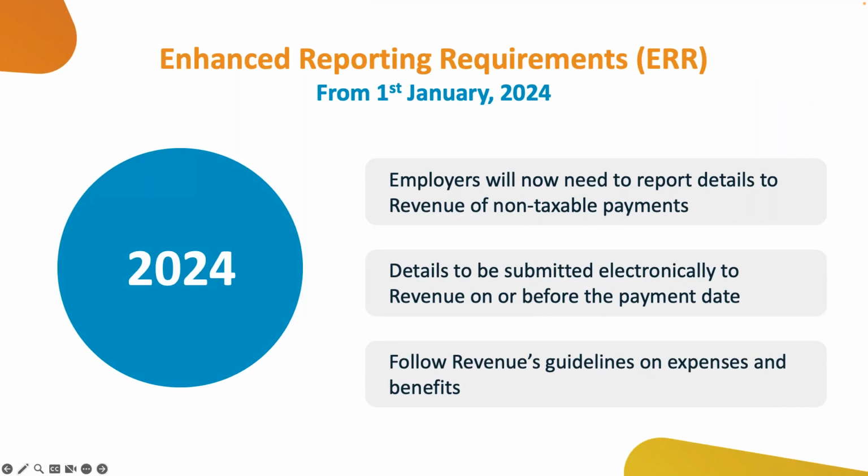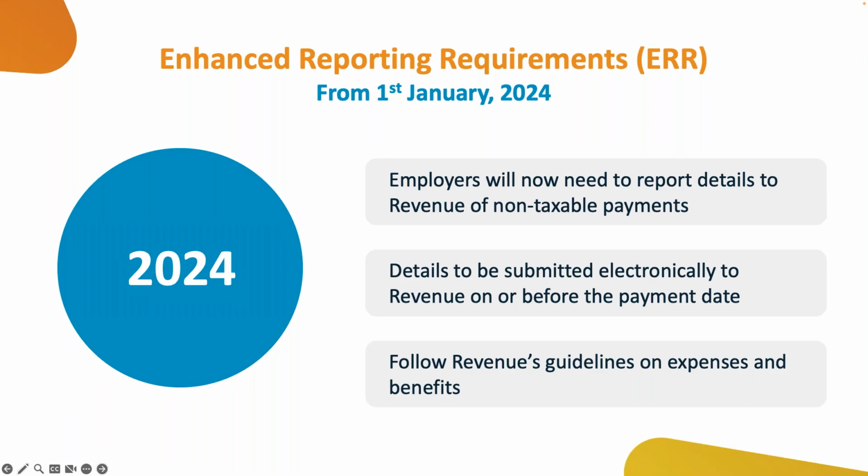From the 1st of January 2024, the introduction of Section 897C of the Taxes Consolidation Act 1997 into the Finance Act 2022 will require employers to report details to Revenue of certain non-taxable payments made to employees. Revenue is calling this Enhanced Reporting Requirements, or E/R. Where employers make a tax-free payment for one or more of the expenses which we will go through in this webinar, they must submit the details electronically to Revenue.